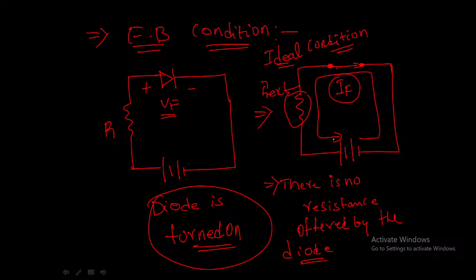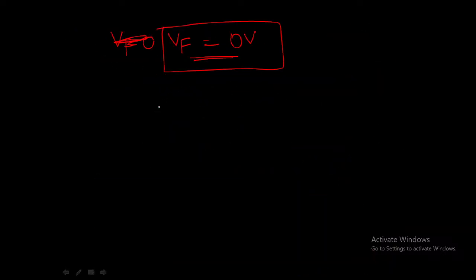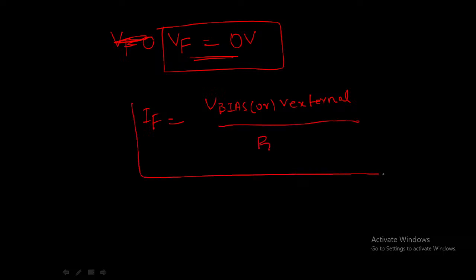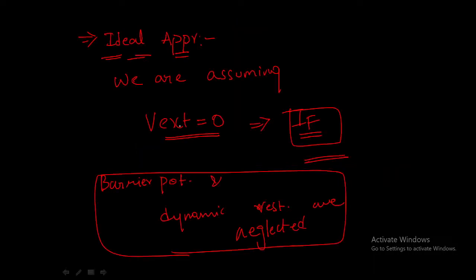If is equal to V by R, so V external divided by R. V external can also be written as V bias. If is equal to V bias, or V external, divided by R. So this is the forward current flowing through the diode.